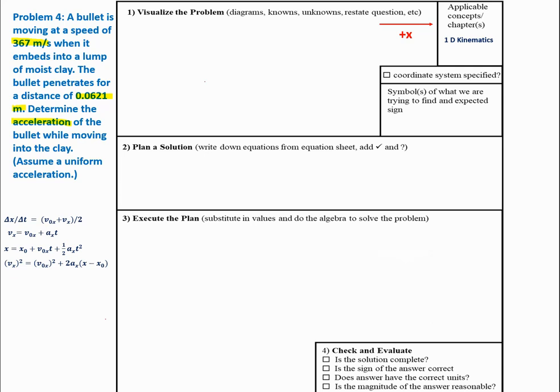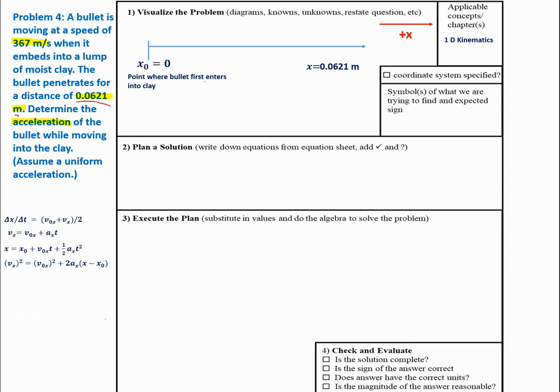Now let's see knowns and unknowns. We know the initial velocity and the final velocity, and we know the initial position and final position. Let's take the initial position as 0. This is the point where the bullet first enters the clay, and the final position is 0.0621 meters.